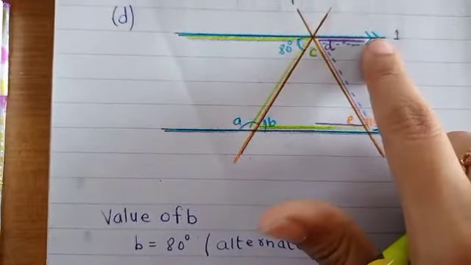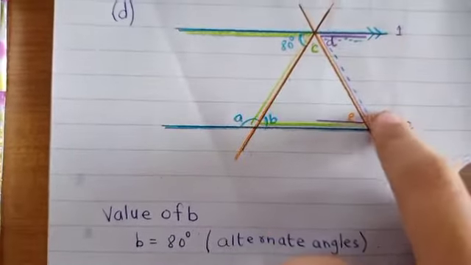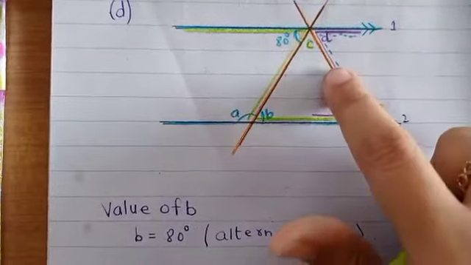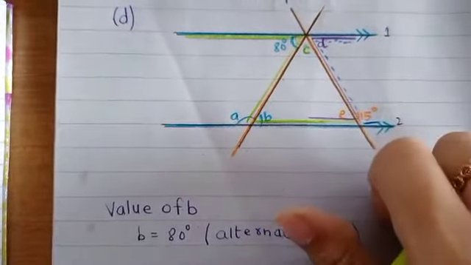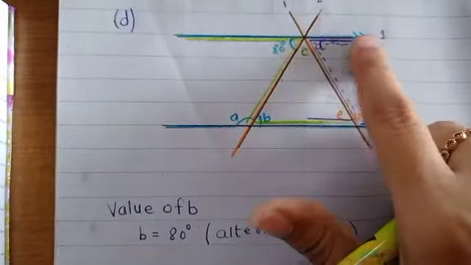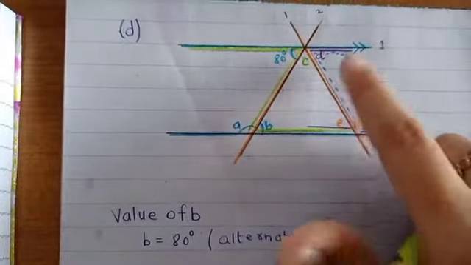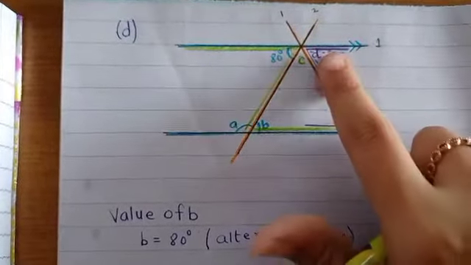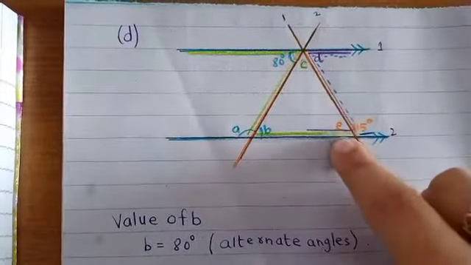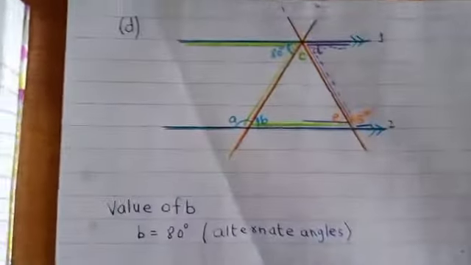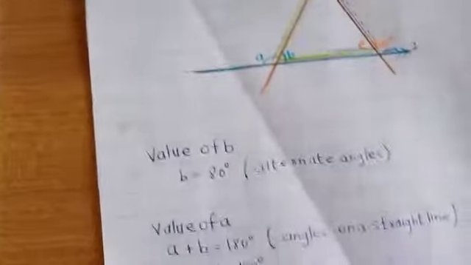How they are forming Z? You have to focus on parallel 1 and parallel 2, and transversal 1 is bisecting them, is cutting them. So this purple Z is formed, and you can see this is also interior and this is also interior, and they are alternate, means opposite side of the transversal.